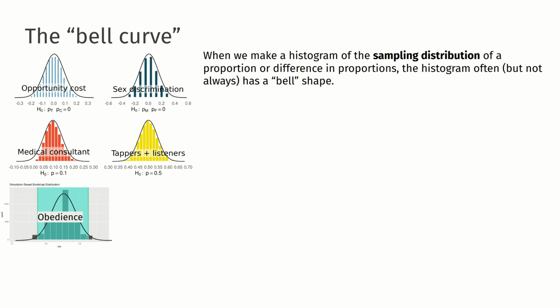For example, one assumption might be that the null hypothesis is true, in which case we can look at the distribution of differences in proportions that we might expect if that were true. Or another assumption might be that our sample is representative of the population. That's what we did for confidence intervals. And we can look at the relative frequency with which different proportions would have turned out, and use that to construct a confidence interval like we did with the Milgram obedience study.